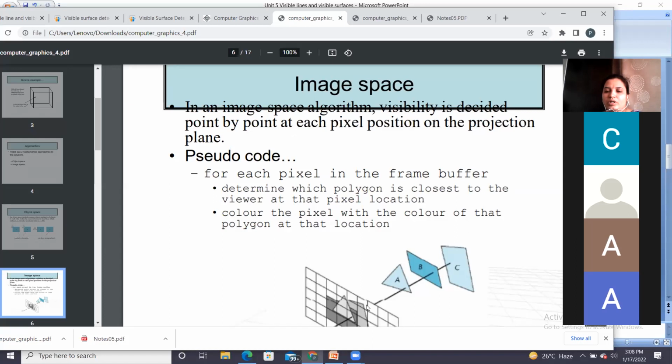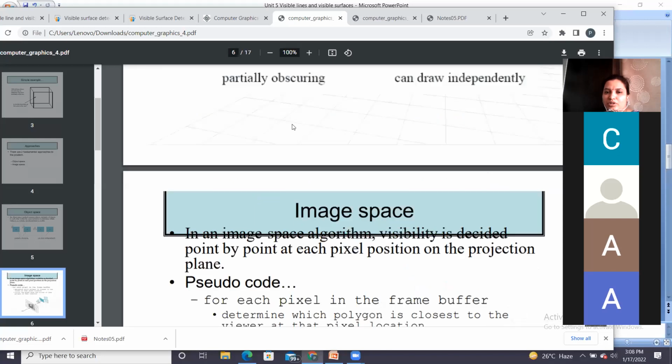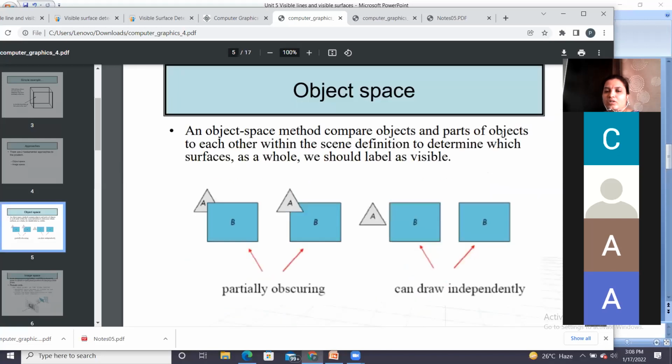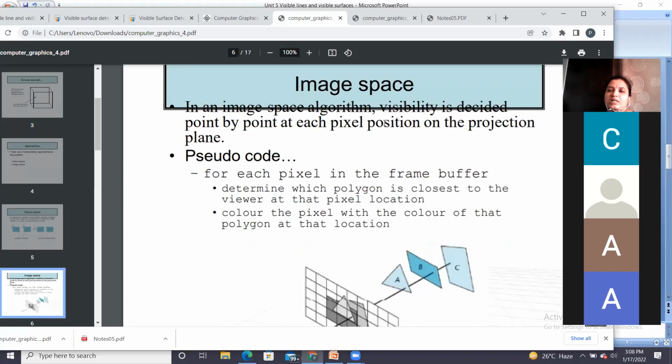So it is going to decide point by point display. In the earlier method, what we have seen is portion by portion or part by part. So it is actually checking for the overlapping part in the object space. And here the point by point display is considered.